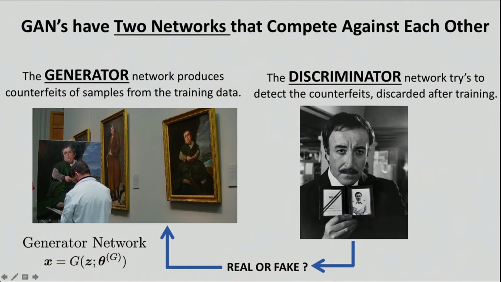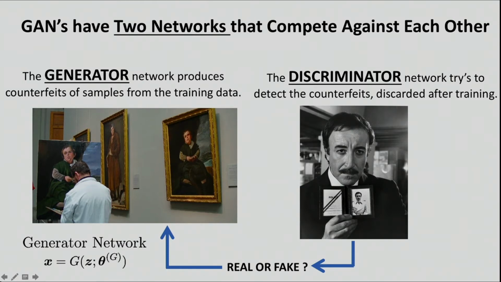So it's a two-player Minimax game. We have two artificial neural networks competing against each other. The first network we call the generator. And in this use case, the generator is the forger, the counterfeiter. Its job is to look at the attributes of a real image and try to replicate that and synthesize that. And it's going to start creating a lot of images, okay?